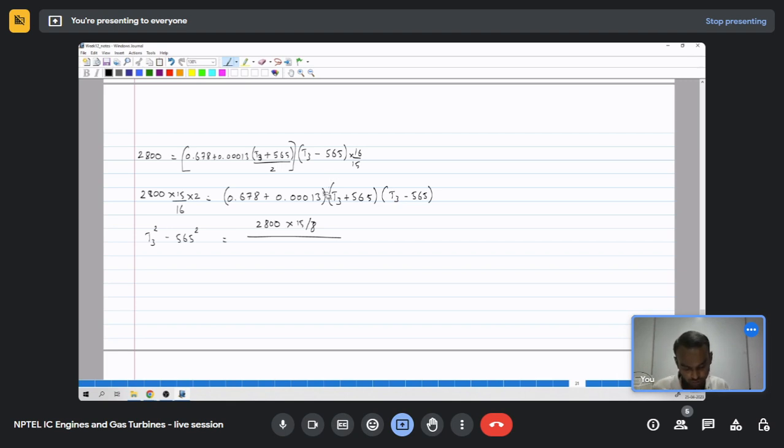Oh, sorry, this cannot be. This is an uncode. Any idea how you can solve for T3?